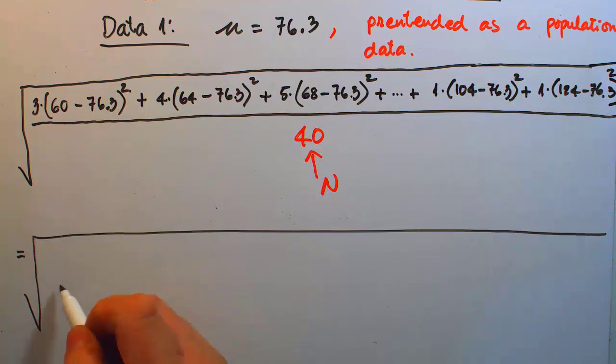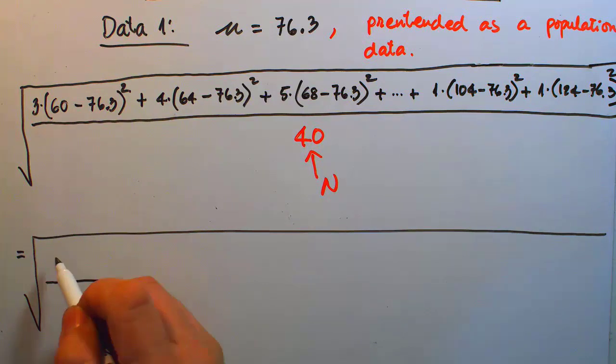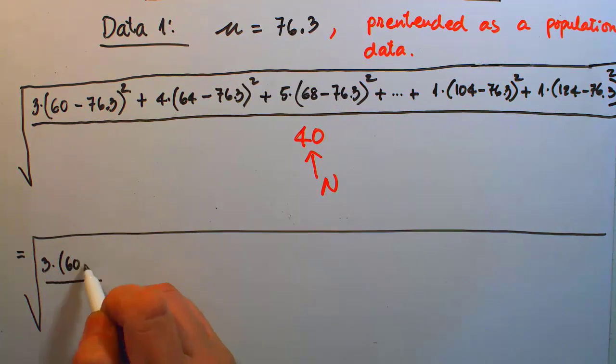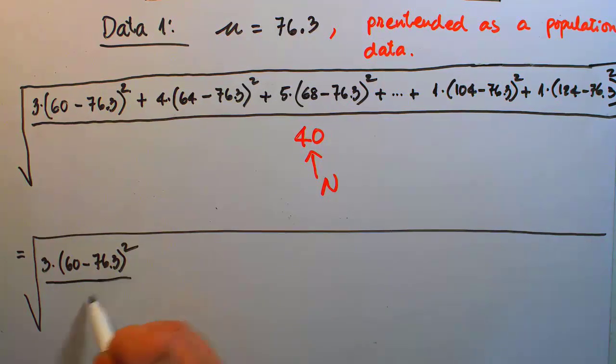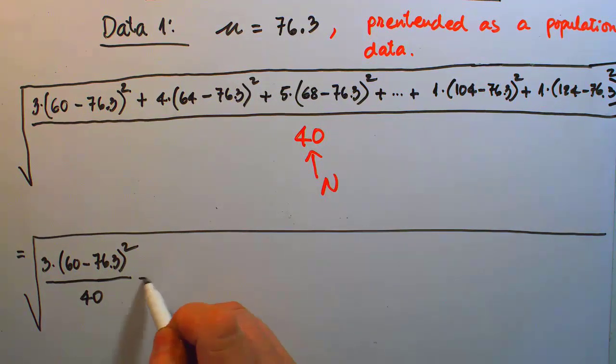But now, similar to the work when we found the mean earlier, I'm going to break it down into multiple terms. So here, 3 times (60 minus 76.3) squared over 40. That's how I produced my first term out of that huge fraction. Then I'm going to move on to my next term.